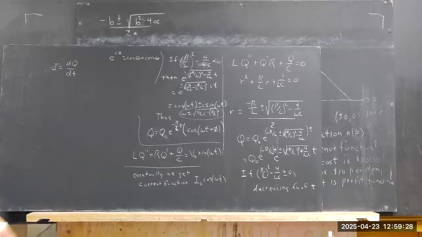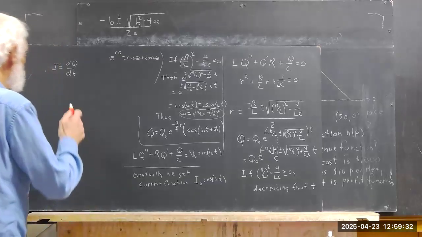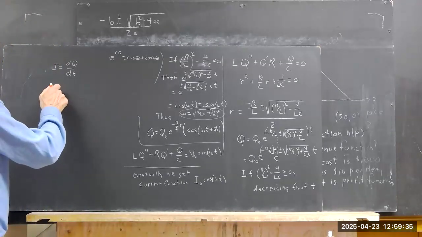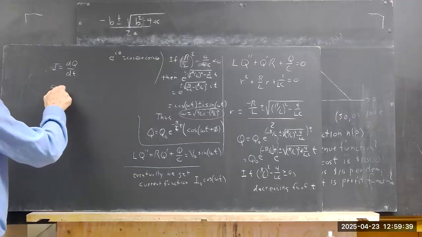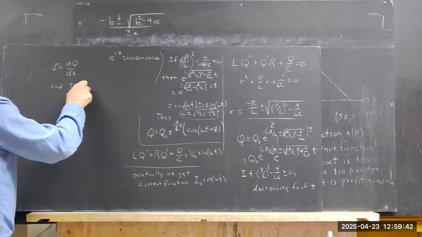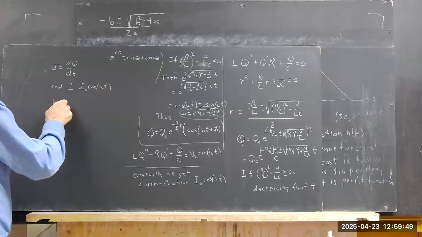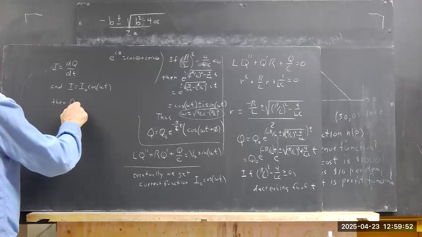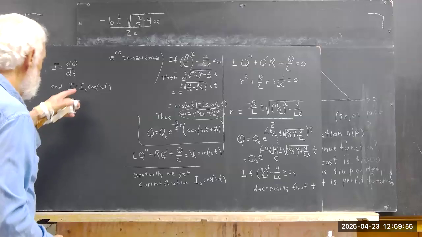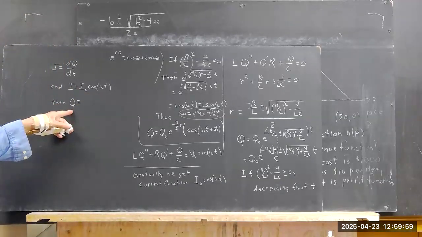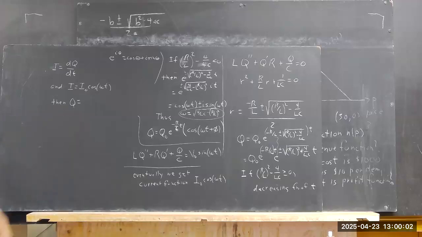I think we're pretty familiar with that. So if I equals dq/dt, and if I is I naught cosine omega t, what's q?